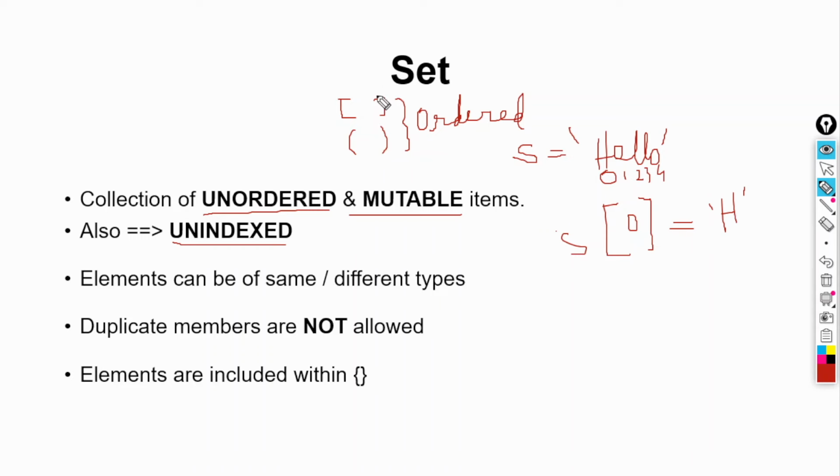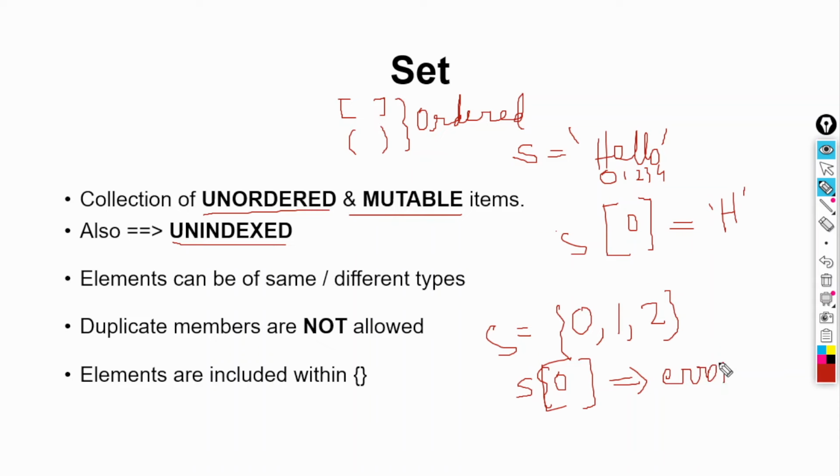Same with lists and tuples, we can access elements by indexing. However, for sets, these elements included inside a bracket are unindexed. So if this is a set and we write s of 0, let's say, we straight away get an error because Python doesn't really understand what you mean when you ask for indexing or want to access any elements from a set.